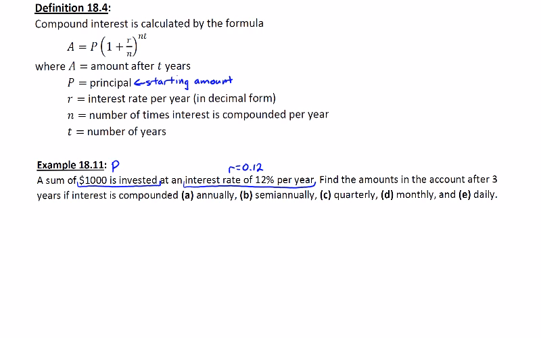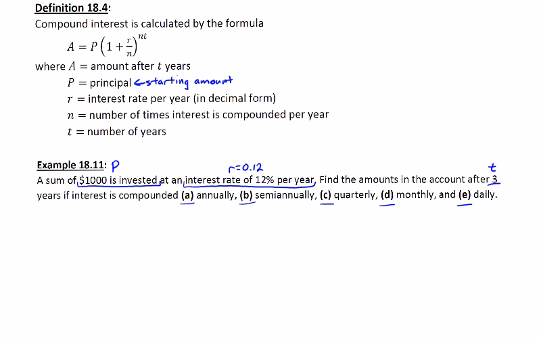We have to represent that in decimal form. And then find the amounts in the account after 3 years. That's going to be t. If the interest is compounded annually, semi-annually, quarterly, monthly, and daily.